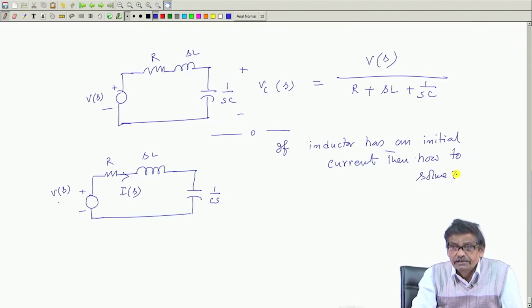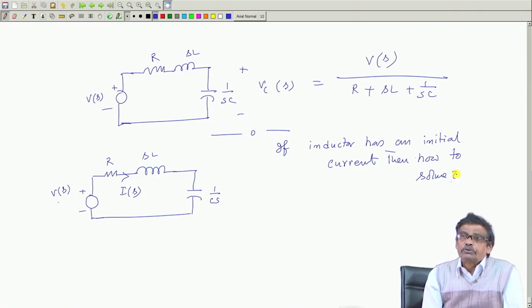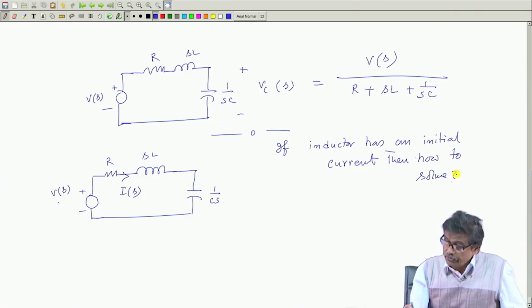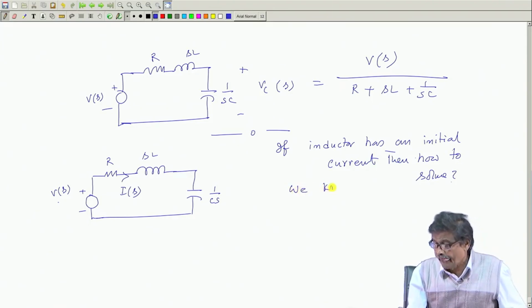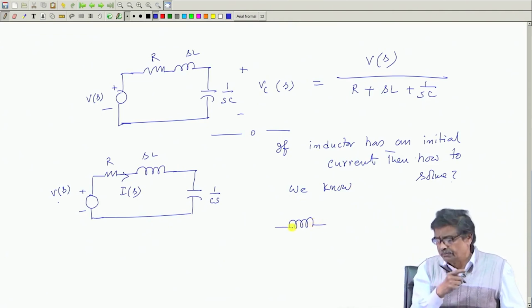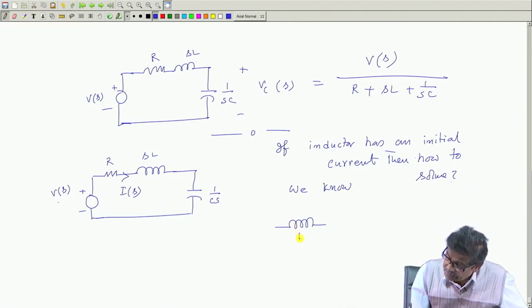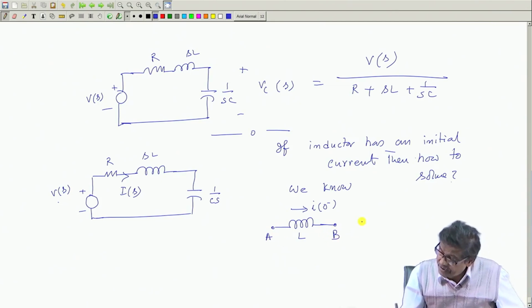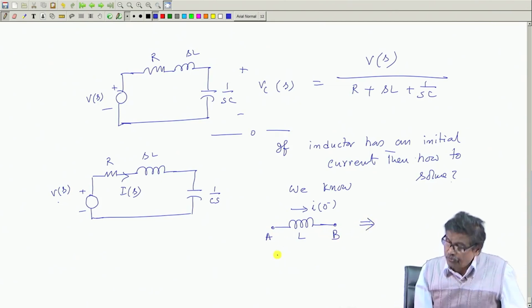But I want to exploit this circuit property. Okay, I will not write down the differential equation, go to S domain and take advantage of this particular method. What should I do? Now, you know, we discussed at length in my initial lectures, if you have an inductor with an initial current I 0 minus across the terminal points AB, it is equivalent to what?